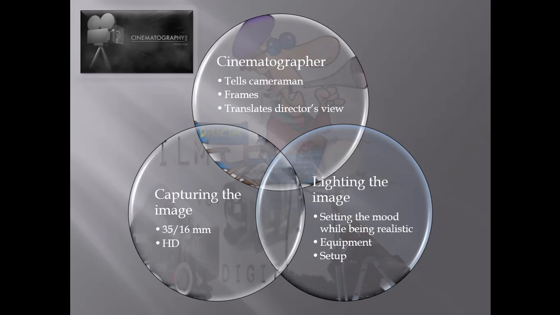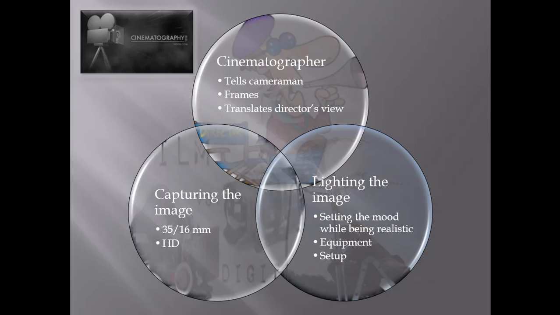In summary, cinematography is about lighting the image and capturing the image. It is done by the DP or cinematographer that tells the camera operator, frames the image or composes the frame, translating the director's view in agreement with the director.